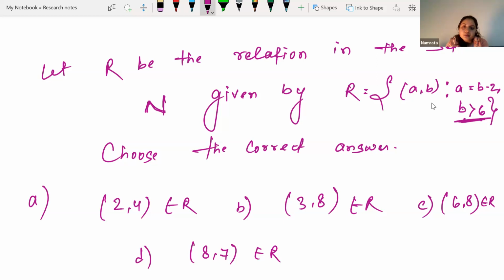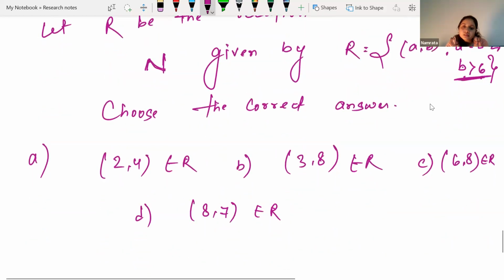Which one is the element of R, fulfilling the conditions given for the relation?